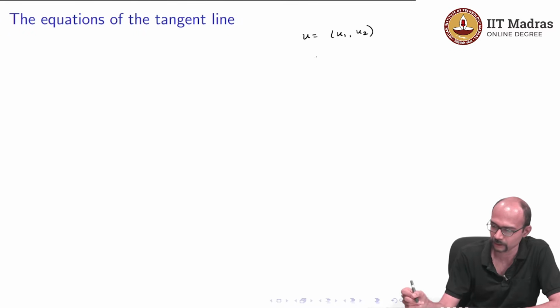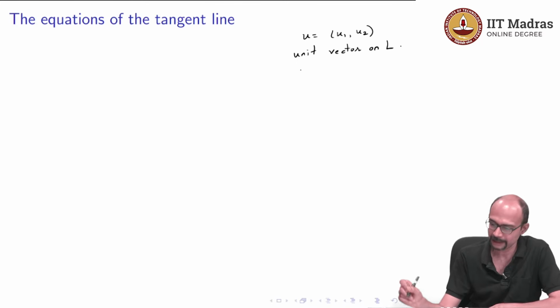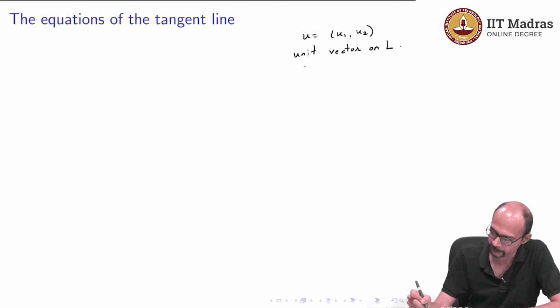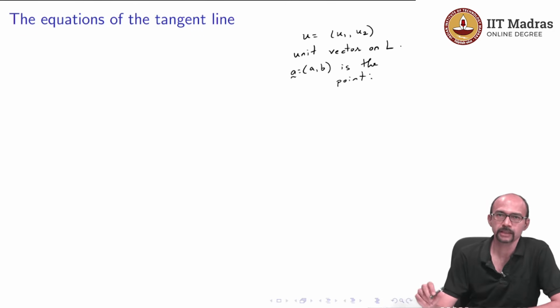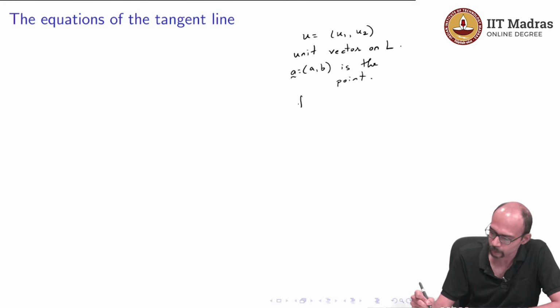This is the unit vector on L, and (a, b) is my point. So, a tilde equal to (a, b) is the point where I want to compute the equation of the tangent line. f_u(a, b) is the directional derivative at that point.